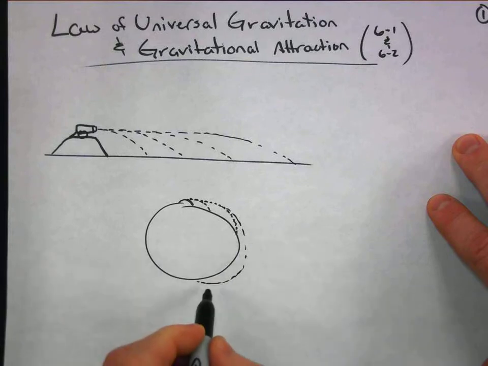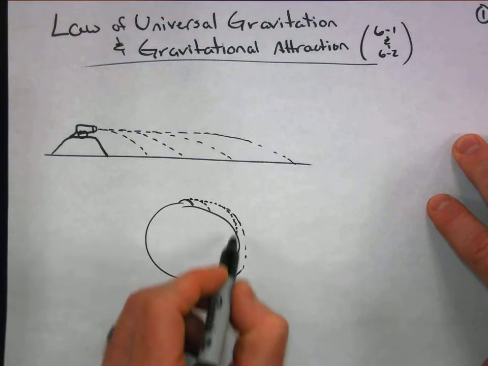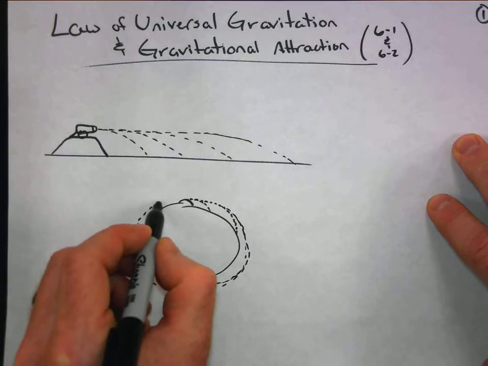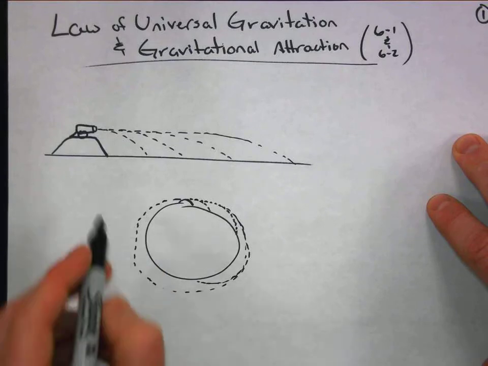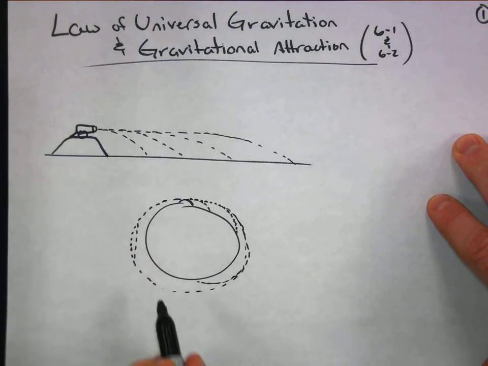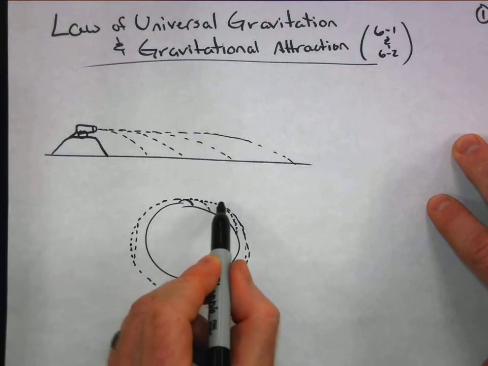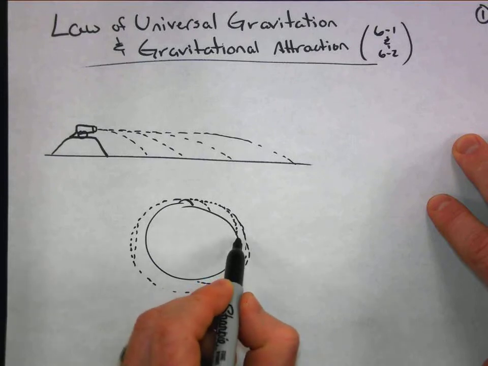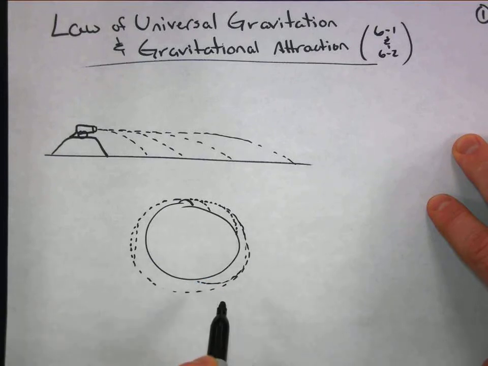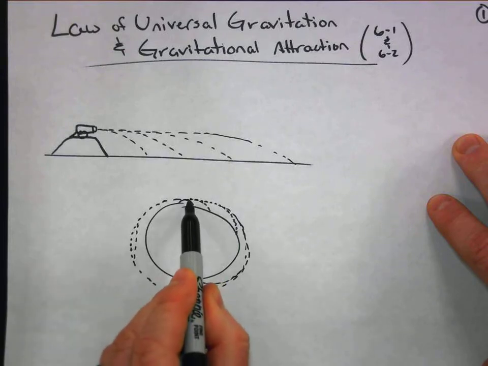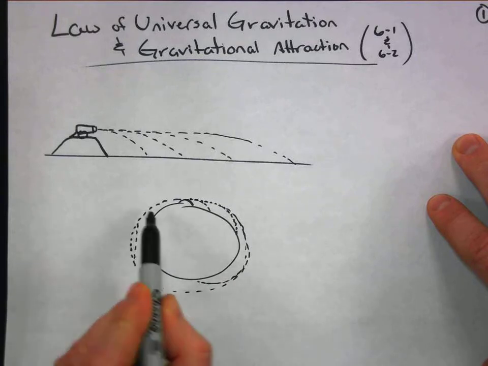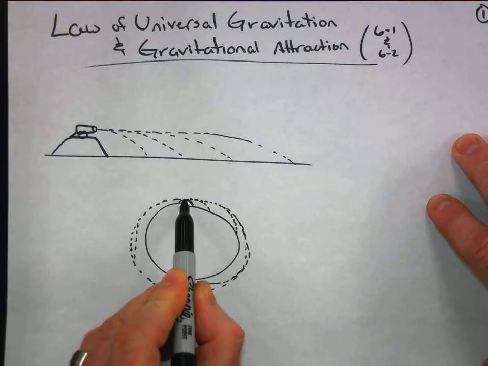Now, my attempt at this diagram is very poor, but you might be able to see that with a large enough initial velocity, the ball would be falling, pulled down by Earth's gravity, but the surface is falling away from that trajectory. It turns out that at some important initial velocity, it's going horizontally fast enough to continually miss Earth's surface, and would end up coming back to the hilltop, back to the cannon.